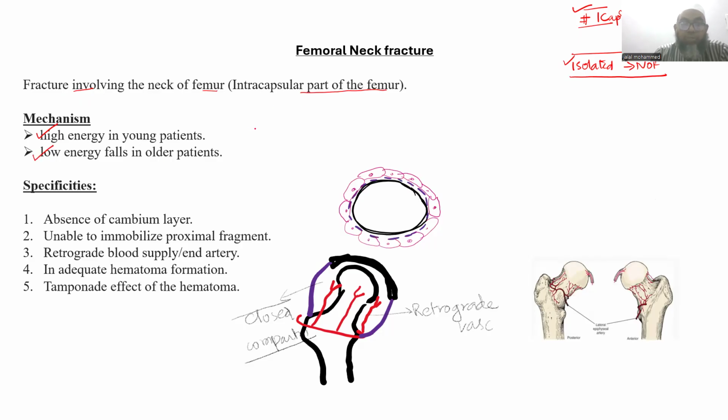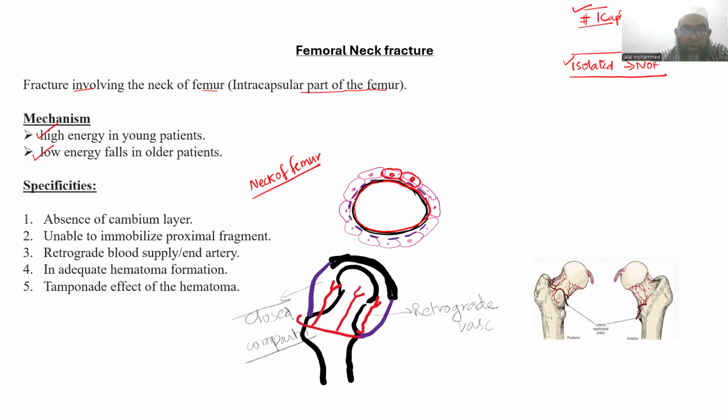So what are the specificities of the neck of femur? One thing is every bone will have two periosteal layers. One layer is called the cambium layer and the other the fibrous layer. The cambium layer is this one which has nuclei and the osteoblast cells.